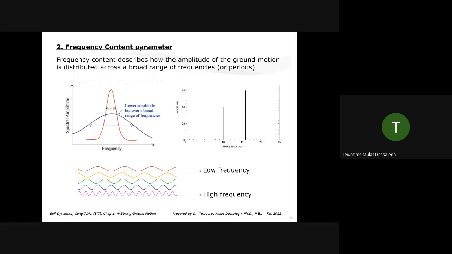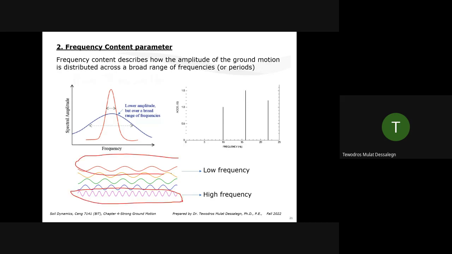Now the frequency content parameter. When we say frequency, in chapters 2 and 3, we have seen low frequency and high frequency. The frequency range we are more interested in is, let's say, while filtering, from 0.1 to 25 hertz. So the extreme values we may not need.